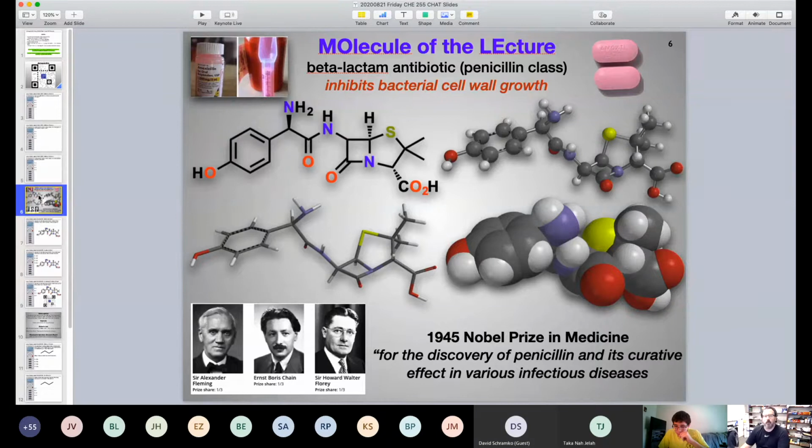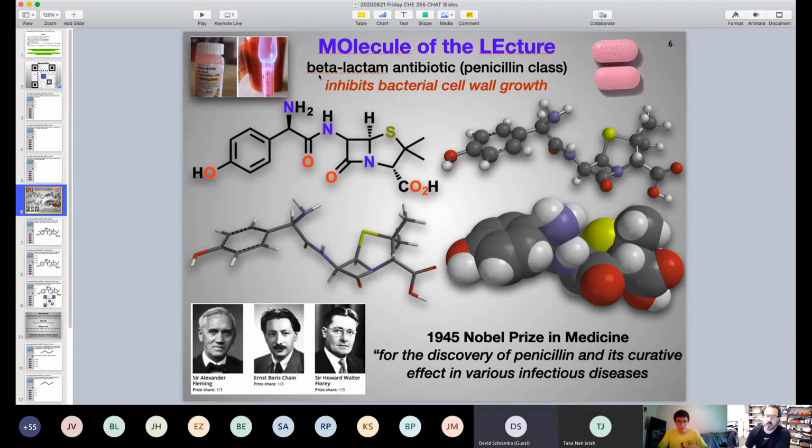Again, the first part of the chat session is a little bit of what we would call empirical research. You're examining that structure, asking some questions, and then we're going to dig a little bit deeper. So here it is, the molecule of the lecture. The therapeutic indication is that it's an antibiotic.